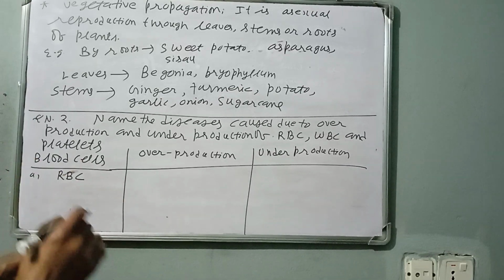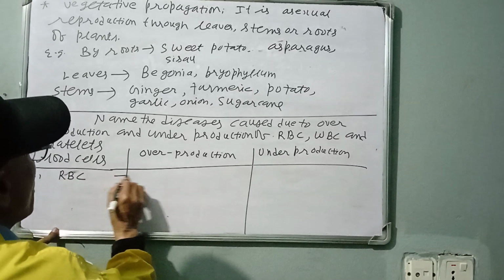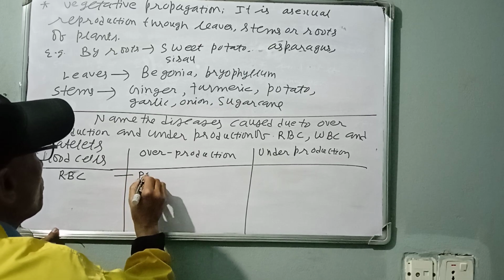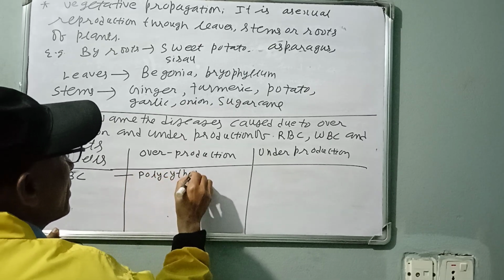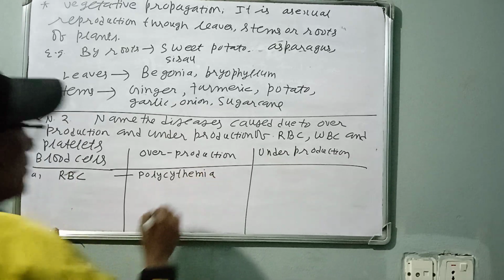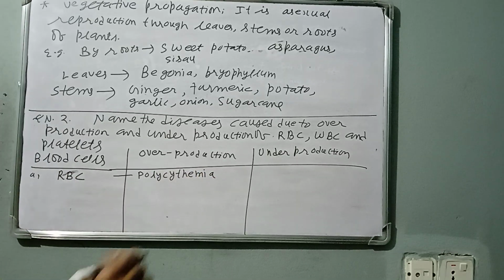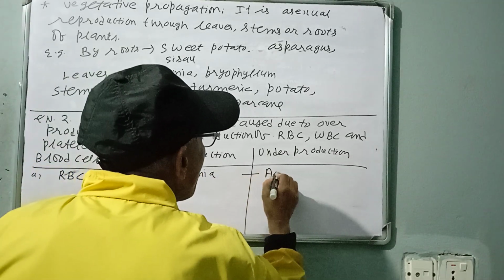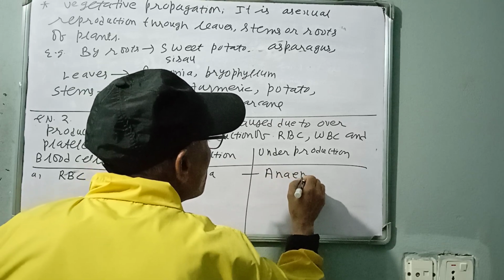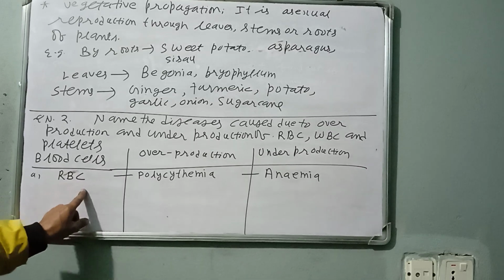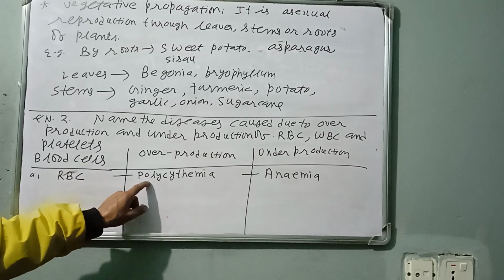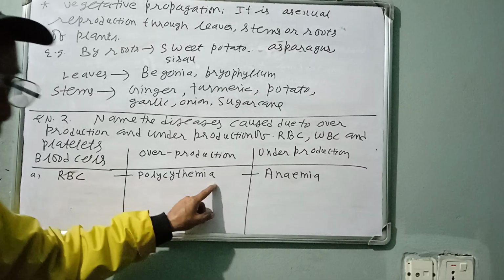See, this is a technical word, so you write down overproduction, polycythemia and anemia. See, if RBC is more, the person suffers from polycythemia.